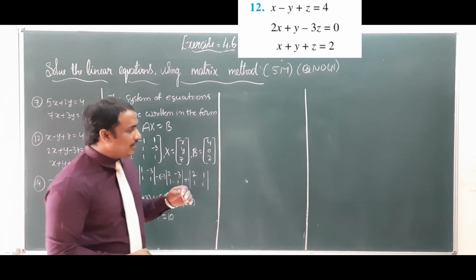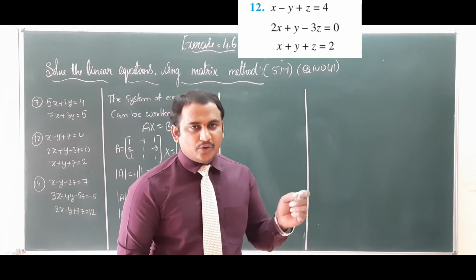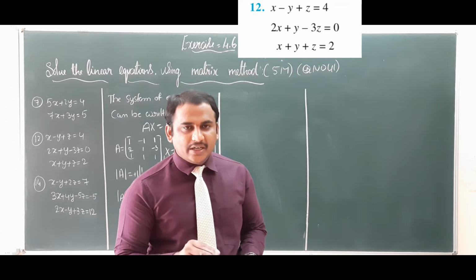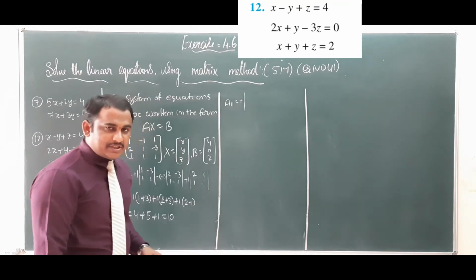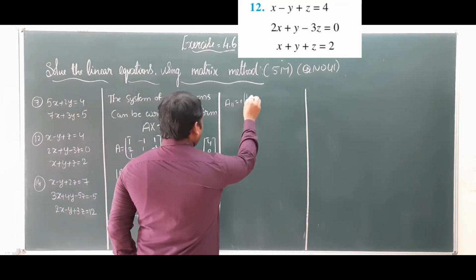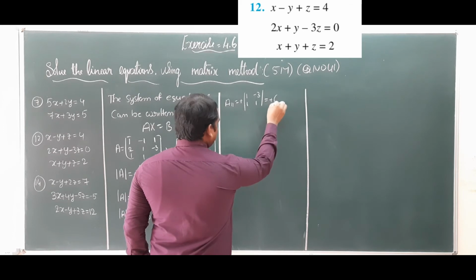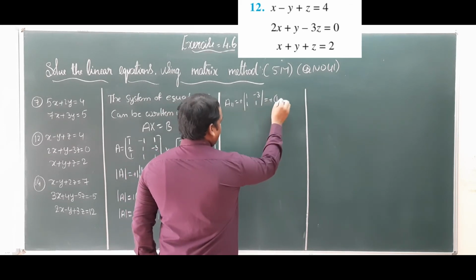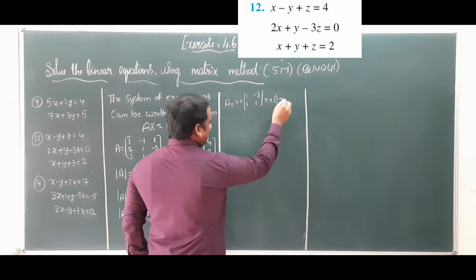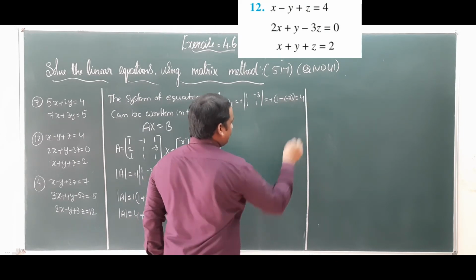Non-singular matrix means find the adjoint of A. For the adjoint of A, first you have to find the cofactors of A. The transpose of the cofactor matrix is the adjoint of A. First row first column, you have to delete. The remaining elements are 1 minus 3 1 1, equal to plus (1 minus 1 into minus 3), here minus 3. Now 1 plus 3, here 4.